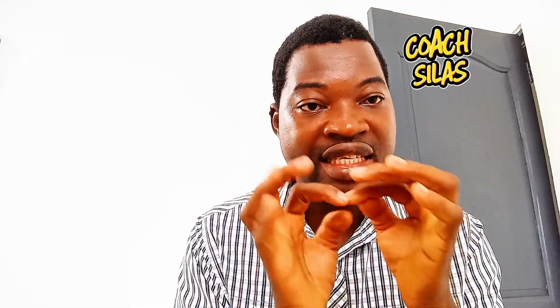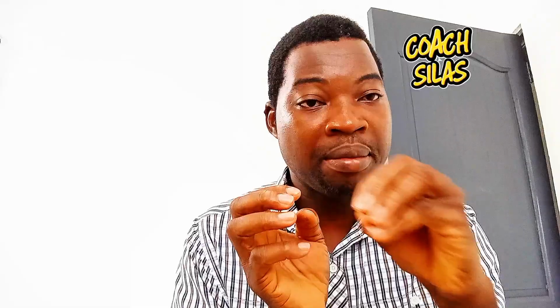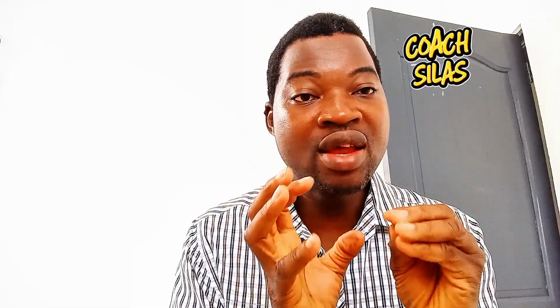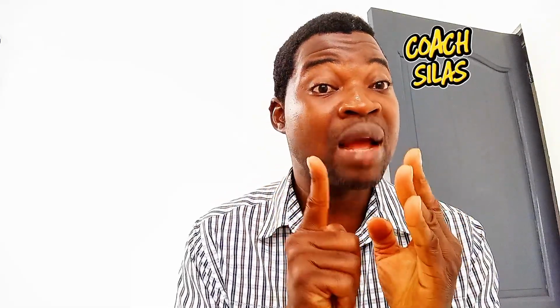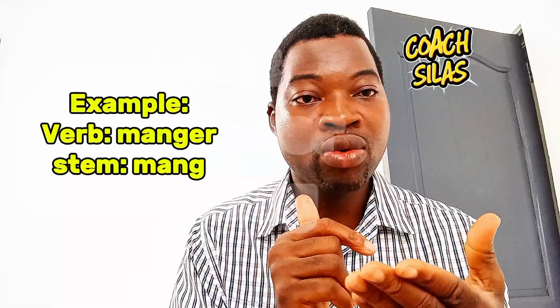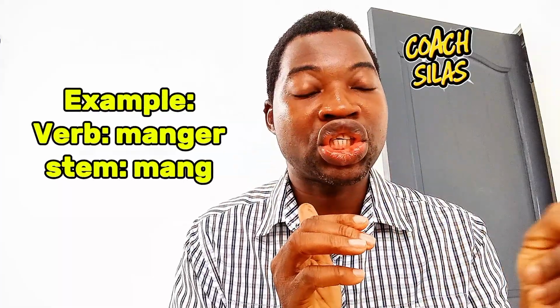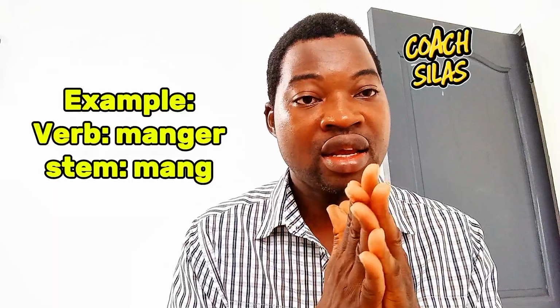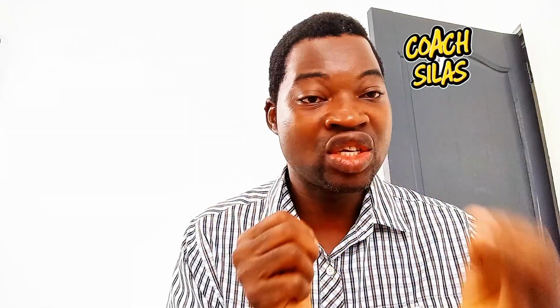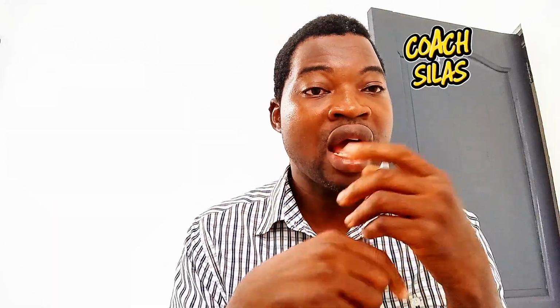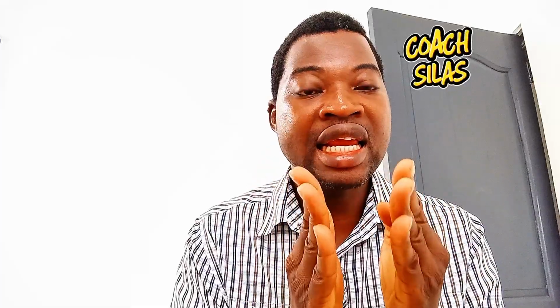The ER ending sounds A. So when you drop the ER, the remaining word becomes your stem. In our example, the stem is going to sound mange. Then you add the endings to the stem. Now, how do you form the ending according to the subject pronouns?